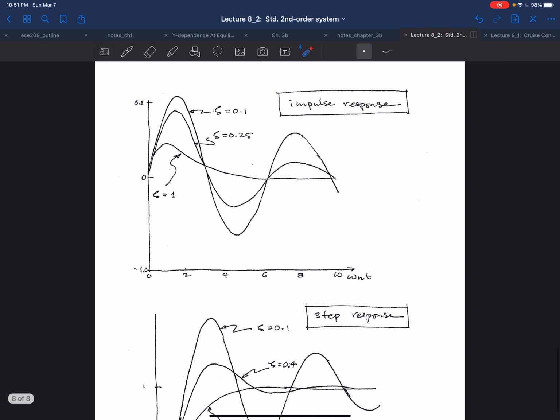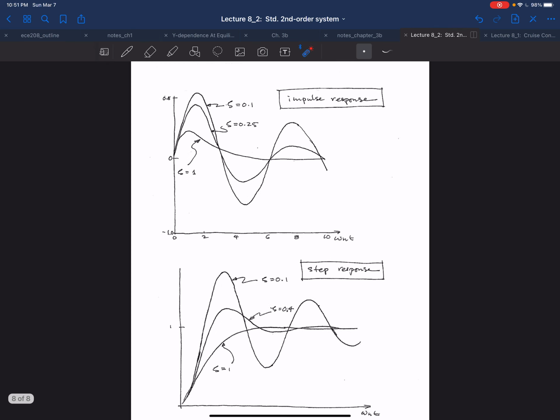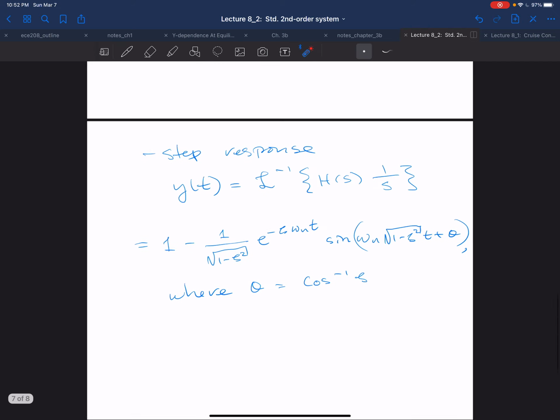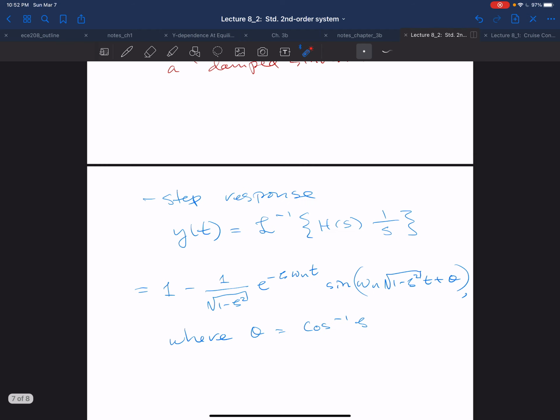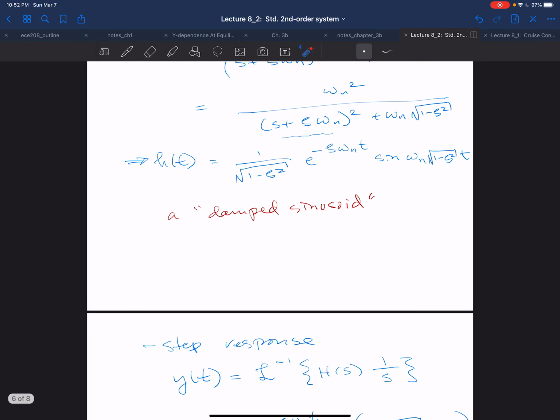Now again, there are two parameters involved, zeta and omega n. We have in fact plotted these responses as functions not of t but of omega n t, because if we go back and look at the expressions for the two responses, in both cases, everywhere we see t, it's multiplied by omega n, whether we look at the impulse response or the step response.